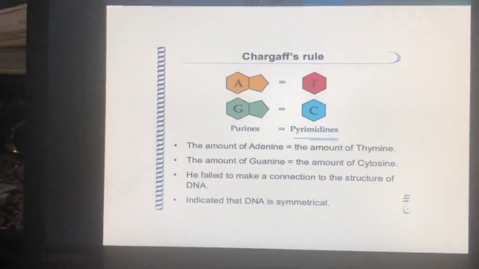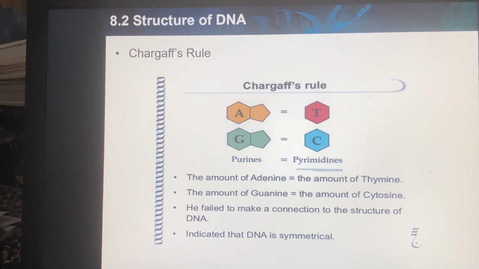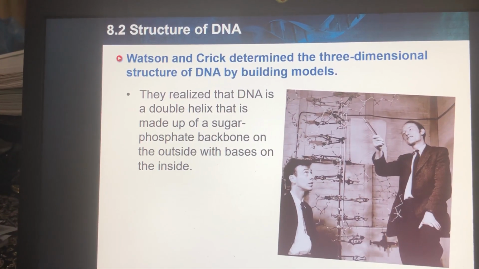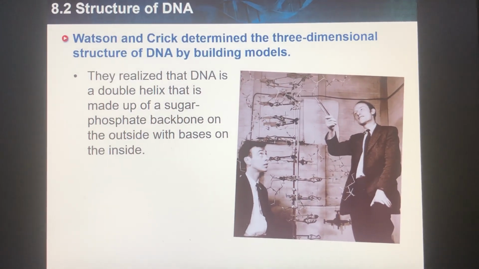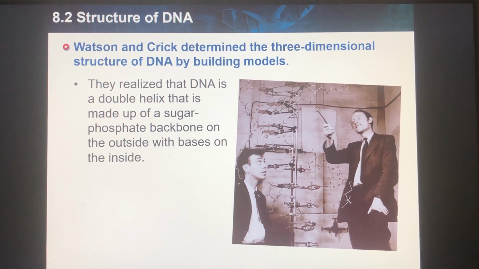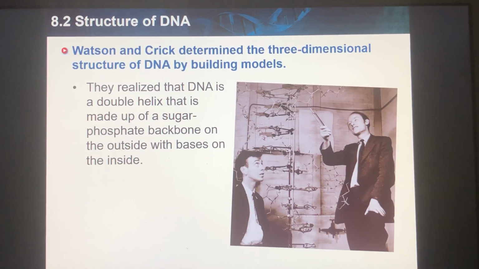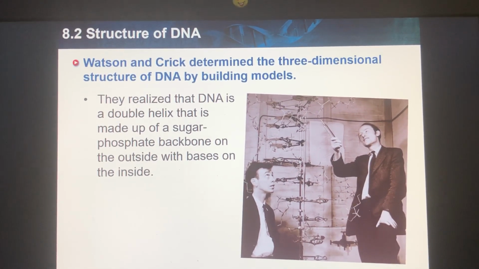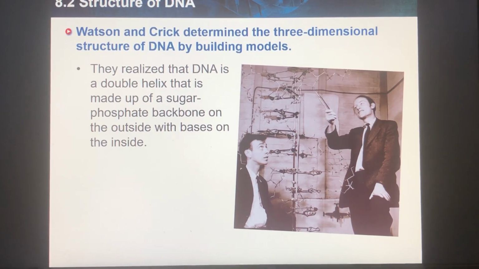After Chargaff's rule, there are 2 scientists who started to realize that since A equals to T and C equals to G, so of course the DNA is in the form of double helix. So the 2 scientists, Watson and Crick, started to build a 3-dimensional model to figure out the structure of the DNA in the form of double helix.